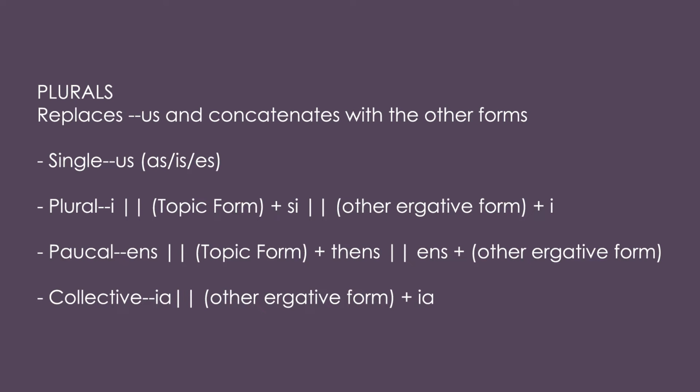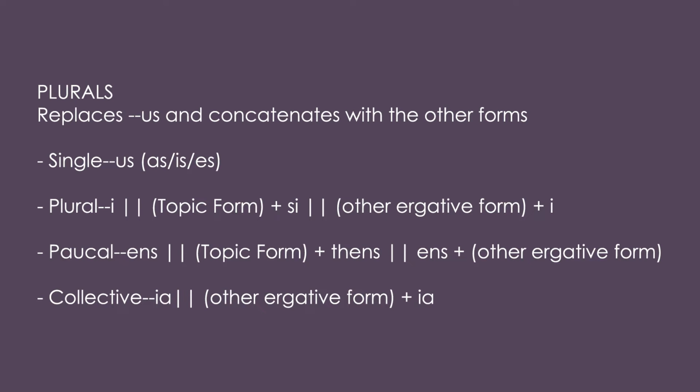In topic form, you add thens. And in other forms, you also just add ens, but you put the ens before the ergative form. So, for instance, if you have kiris, which means kitten, you would say kirensis.